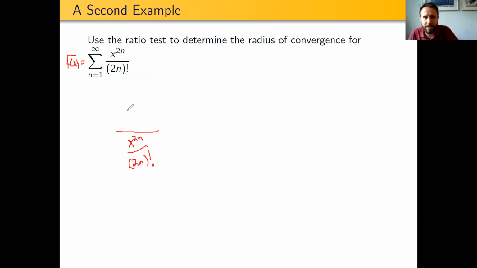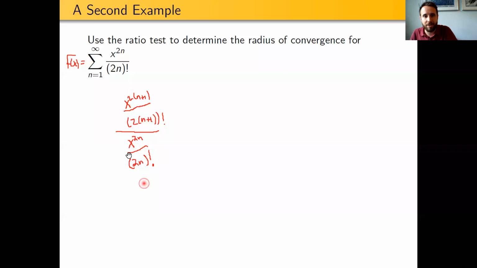and then not divided by, that's in the denominator, so we will divide the n plus 1th term by that. So this becomes x to the 2n plus 1 divided by 2n plus 1 factorial. Right, so that's the n plus 1th term in the numerator, that's up here.